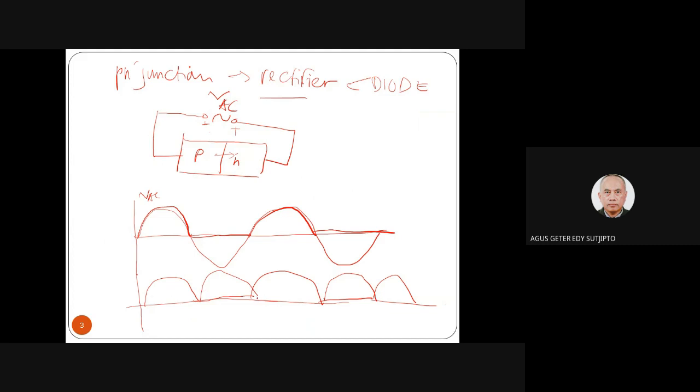When we make the PN junction or diodes, there are four diodes, and then we can make the profile of the current like this. This is the output. So this diode behaves like a rectifier.